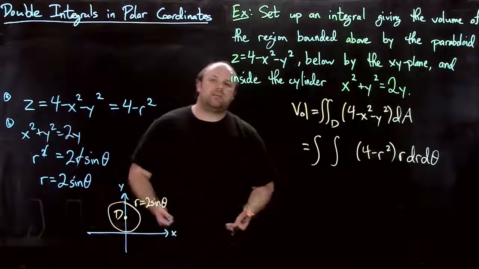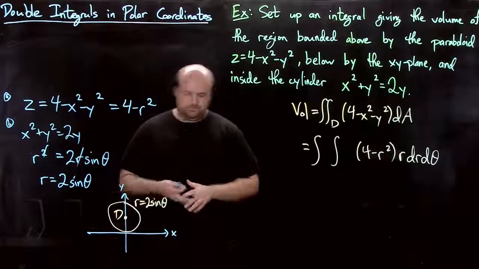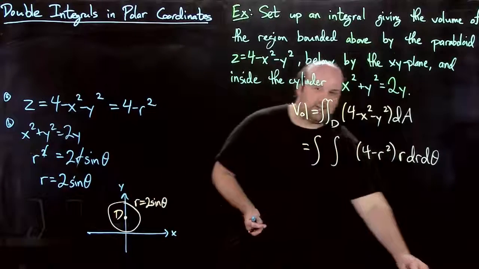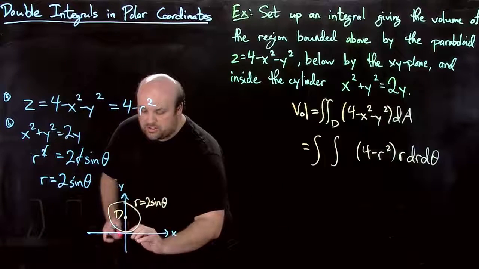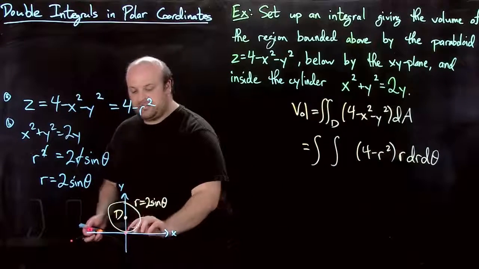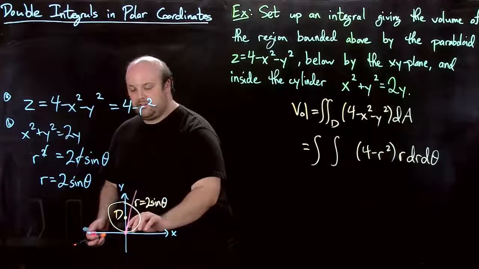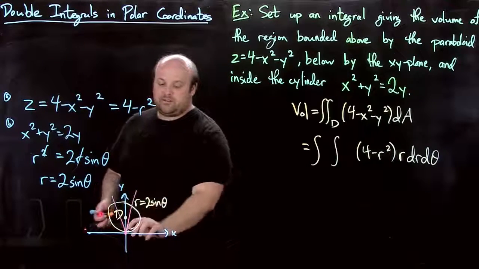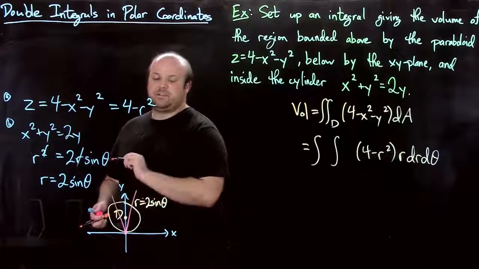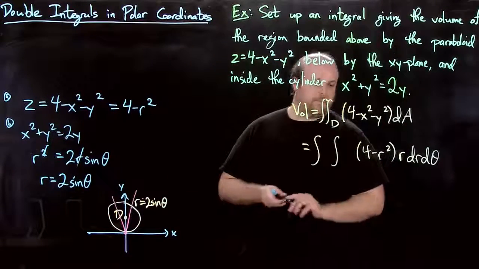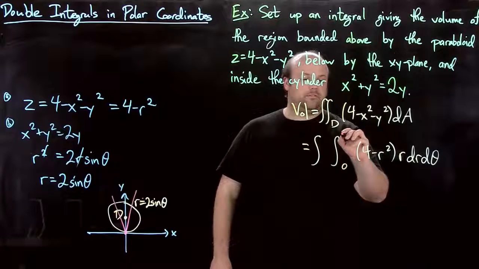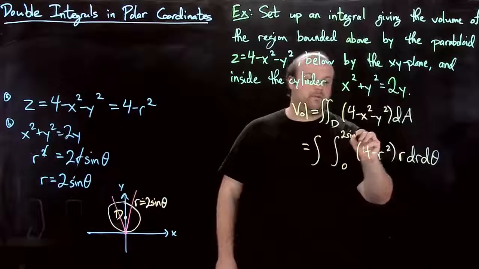But now we have to figure out bounds. If we're doing r first, we can set that up, because remember, r starts at the origin and goes out. It always starts at the origin and ends up hitting the curve 2 sine theta. So the r bounds will be 0 to 2 sine theta.